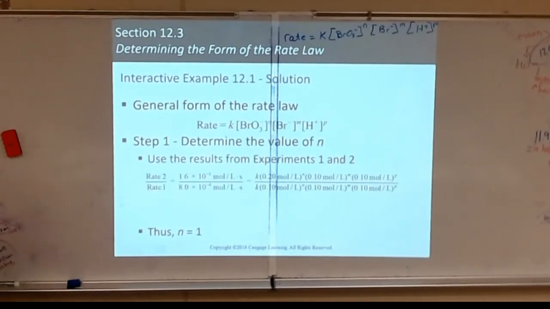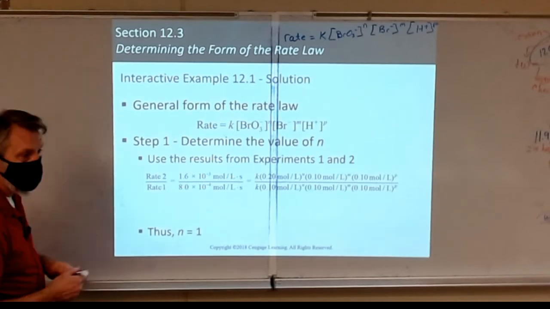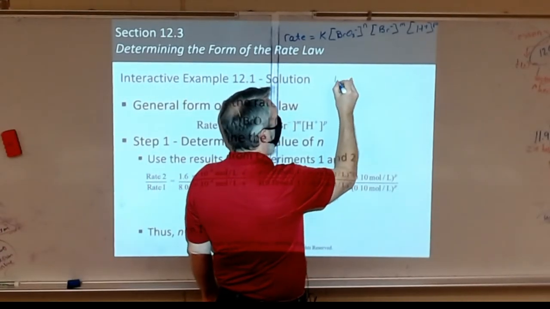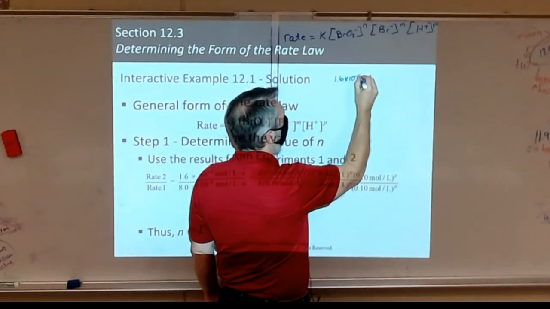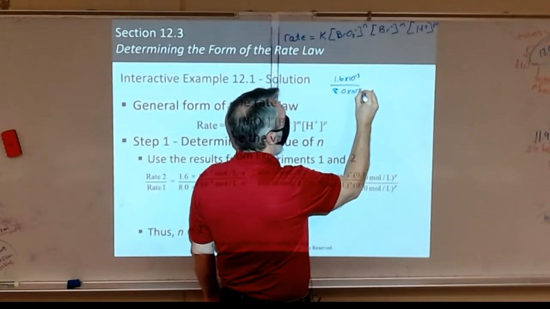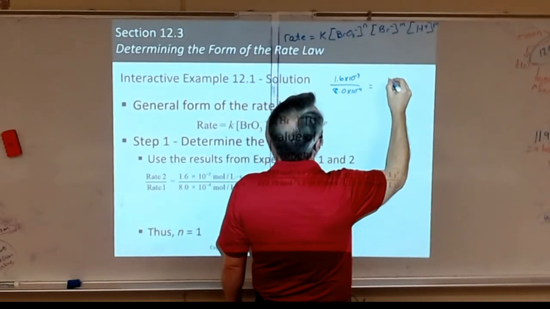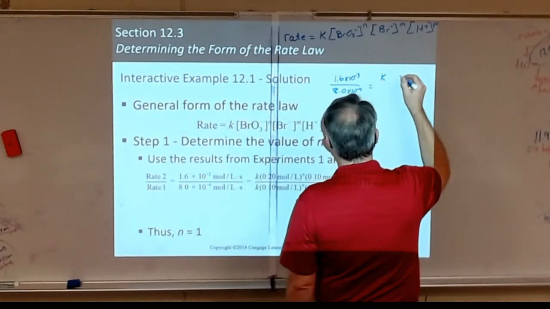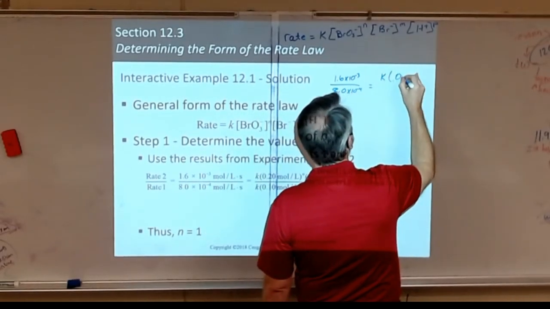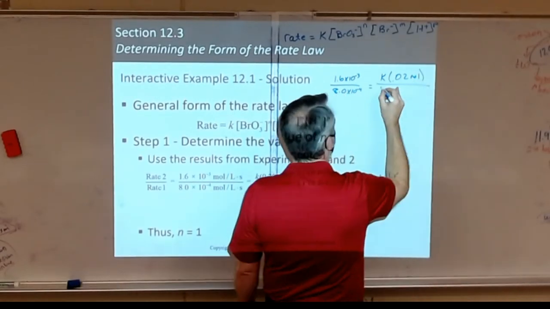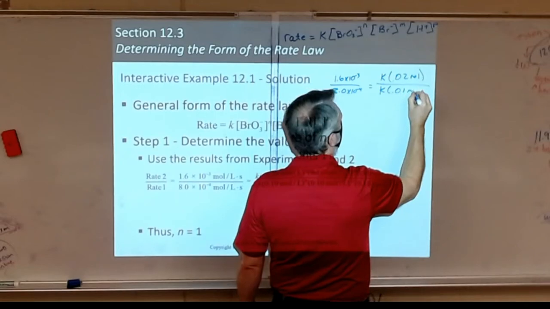I'm going to take rate 2, and rate 2 is 1.6 times 10 to the minus 3 over 8.0 times 10 to the minus 4. And that is k over 0.02 mole, over k 0.01 mole.